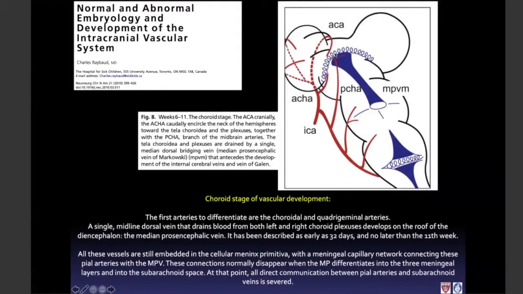And the earliest large veins that organize also drain the region of the choroid. Normally, arteriovenous loops form in this area, with just capillaries separating the choroidal arteries from the venous drainage.